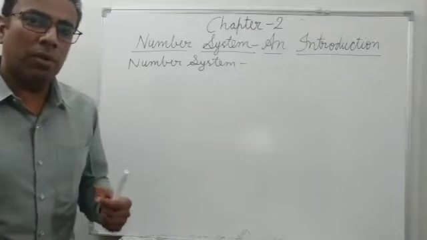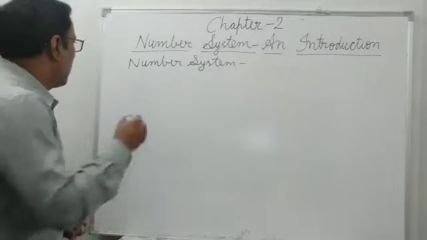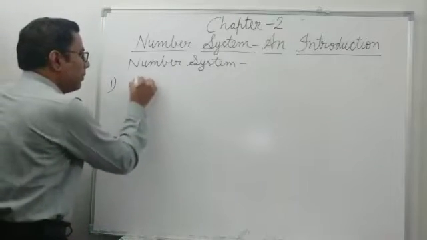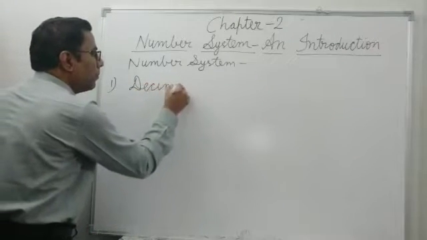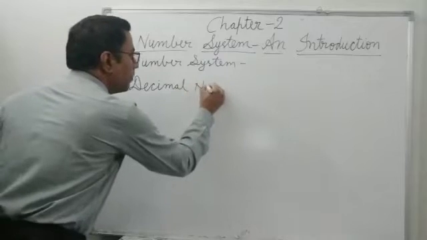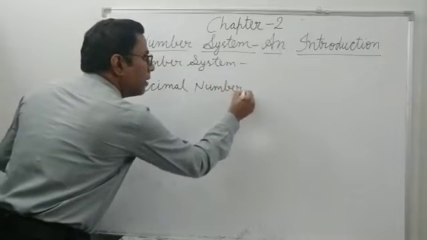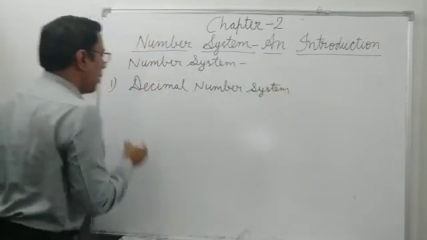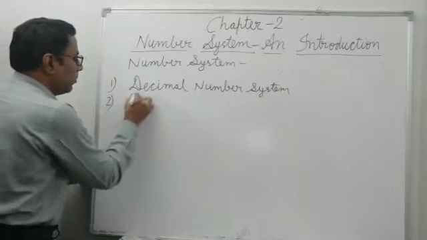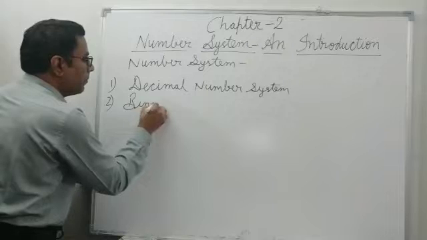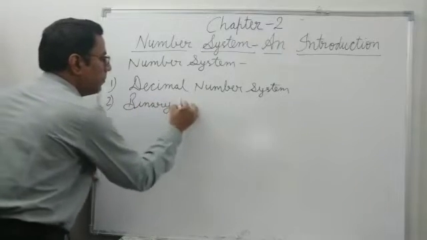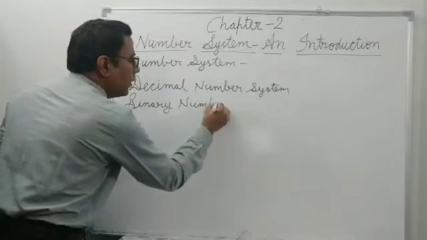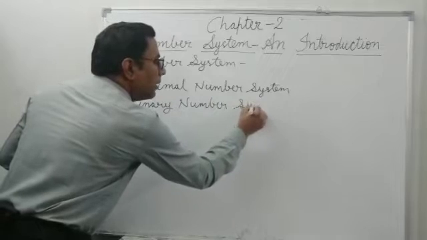Basically, there are four types of number system. Number one is the decimal number system. Number two is the binary number system.